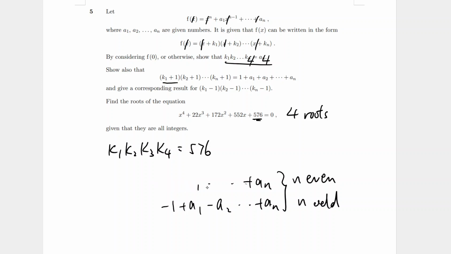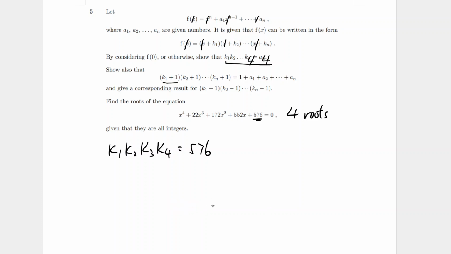When you see multiplication of things, what is a sensible thing to do? You know k1, k2, k3, k4 are all integers, because it says they're all integers. So it might be sensible to think about the prime factorization of 576. Let's do it step by step.